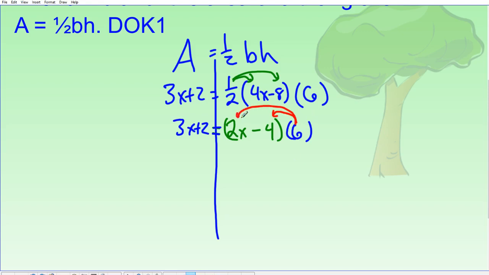This is still the stuff in the first set of parentheses times the stuff in the second parentheses. So I'm going to take 6 times this stuff. And what we're going to get is 6 times 2x is 12x. 6 times negative 4 is negative 24. Still have 3x plus 2 here.